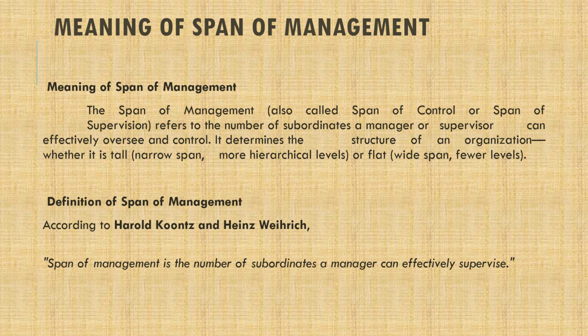Usually it relies on the type and nature of the work in the organization. The span of control of a manager depends upon their subordinates, which can range from a few to 100.